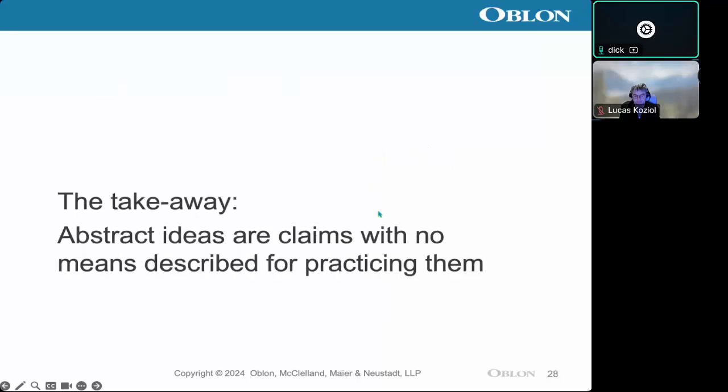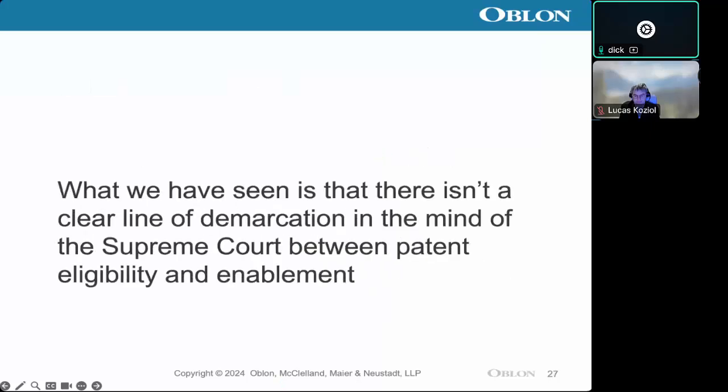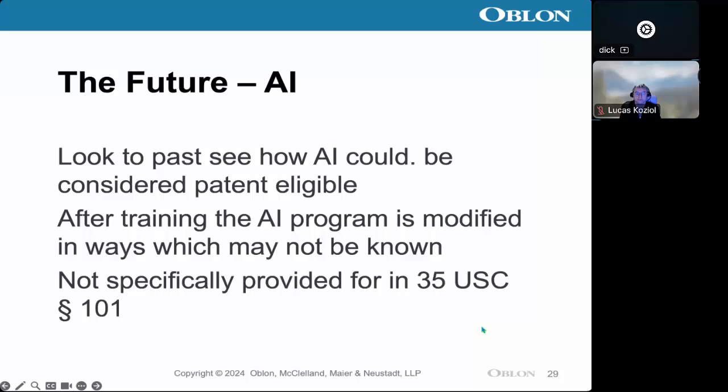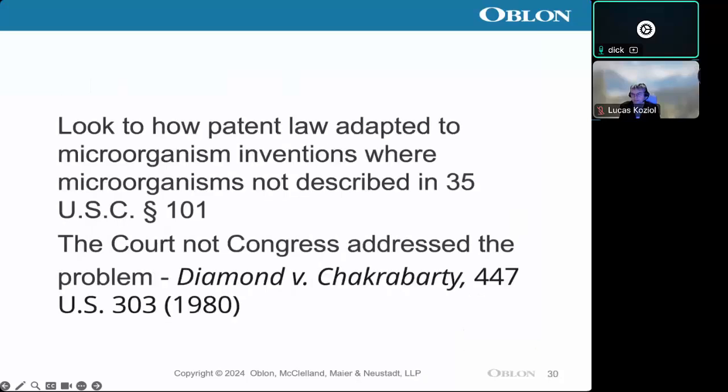By the time you're finished, you're likely to not know exactly what that program looks like with the different weights that have been assigned to it by the AI. And so one of the things that you can do is you can look at how is this problem of written description and enablement handled with other inventions?